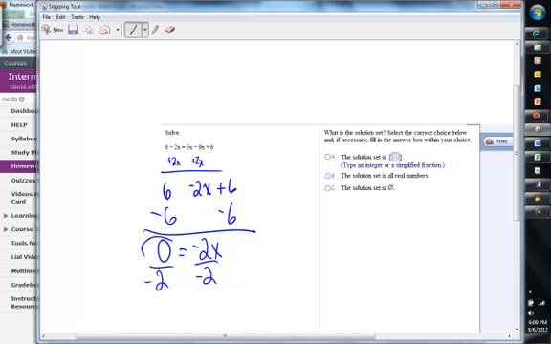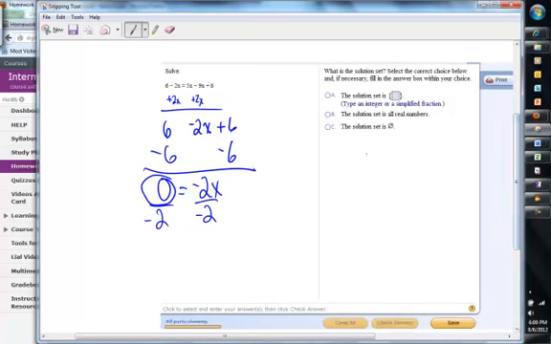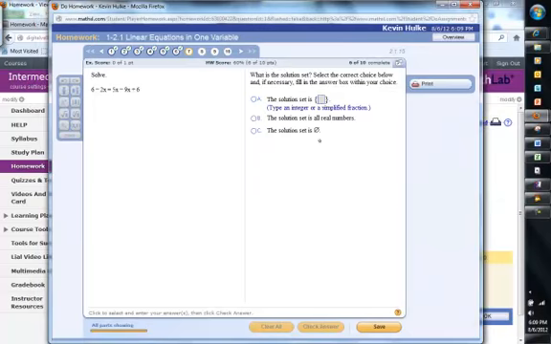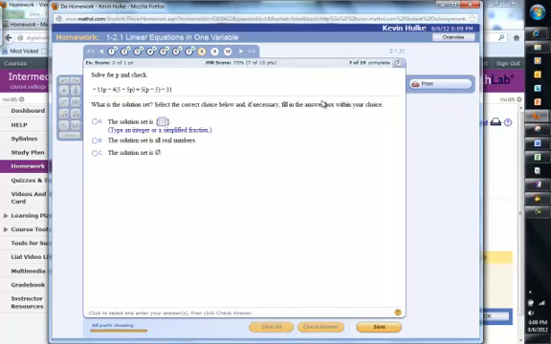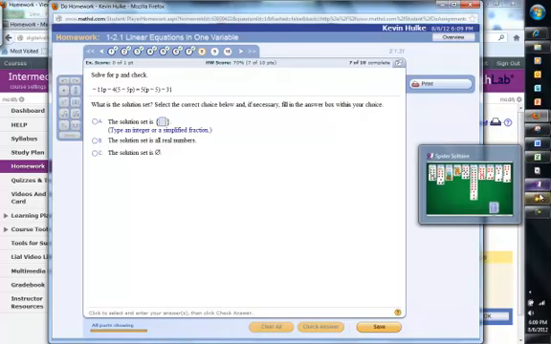Remember, if the 0 is on top, you do have an answer. If 0 is on the bottom, the solution set is the null set. So we get x equals 0. In our answer key, we'll just put in a 0 here, and that'll be our answer. Okay, next one. Another time we have to solve for p.